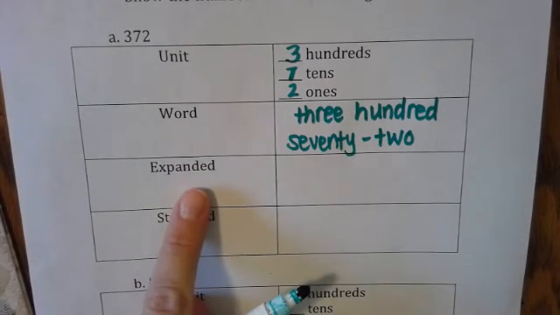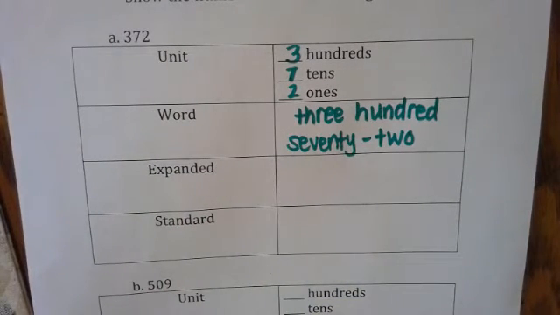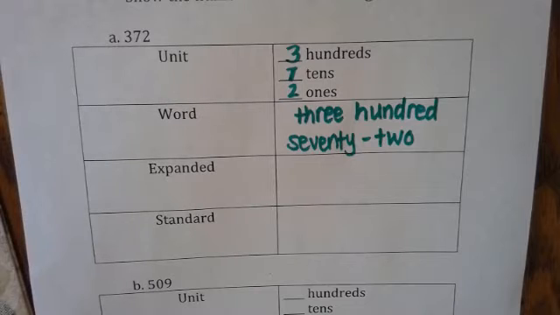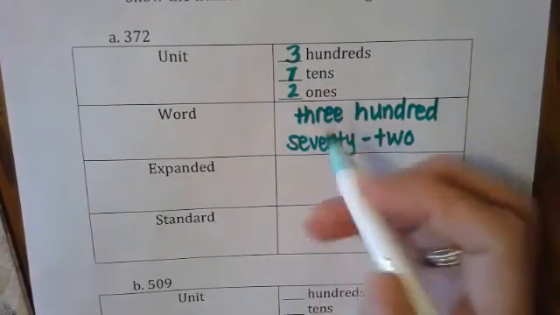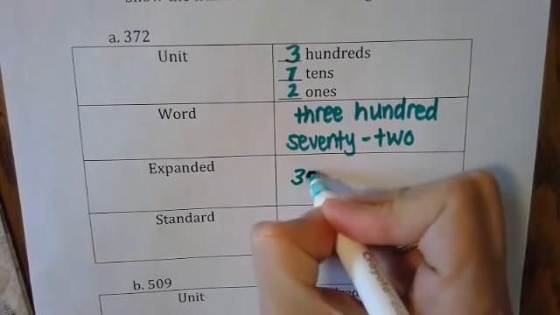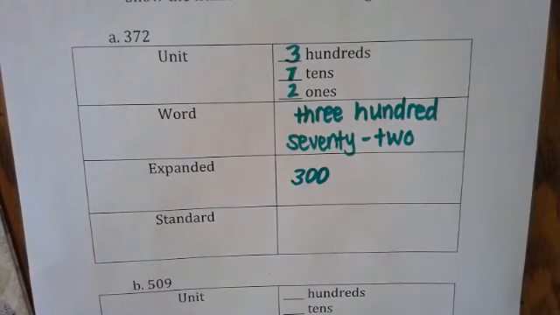Next, we're going to look at expanded form. And the way I like to explain expanded form is that long, stretched out number sentence. Picture like you have a piece of gum in your mouth and you want to stretch it out. You want to show me what it looks like if you were to pull that piece of gum out, expand it. So starting off in the hundreds place, we want to know what is the value of the 3. It is 300.